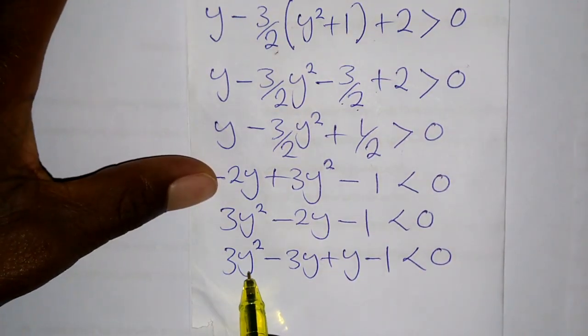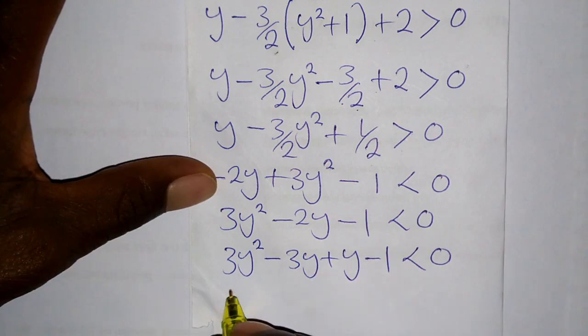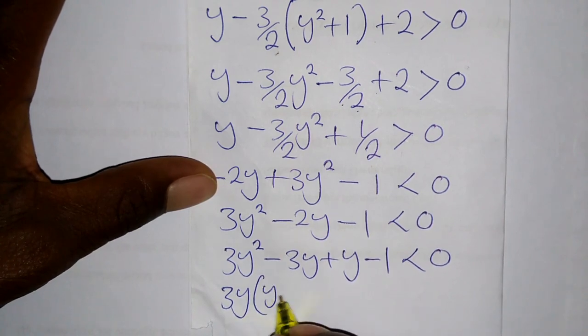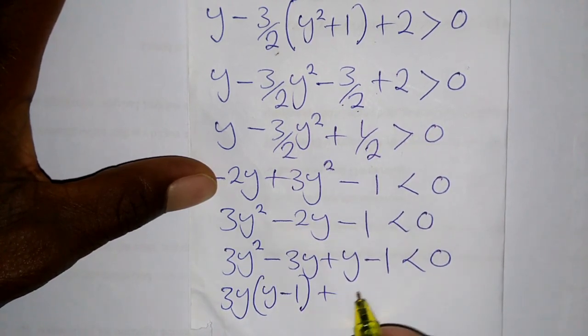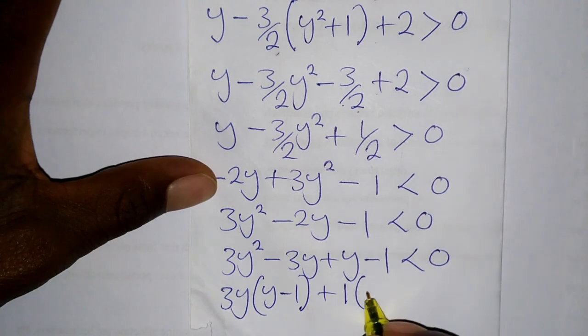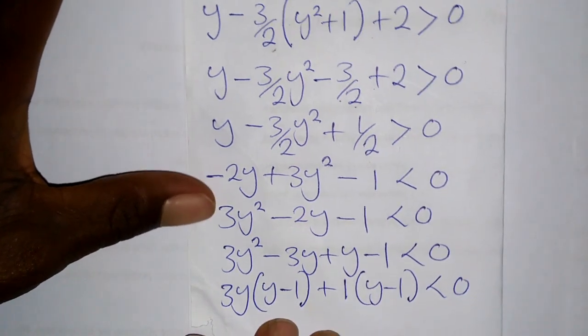So we have 3y here, we have 3y here, it is common, we can factor it out. If we factor 3y, we are going to have y minus 1 plus, here we have 1 common, we can factor it out. If we factor it out, we have 1 into y minus 1 less than 0.